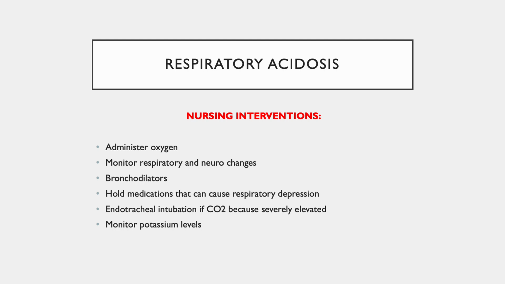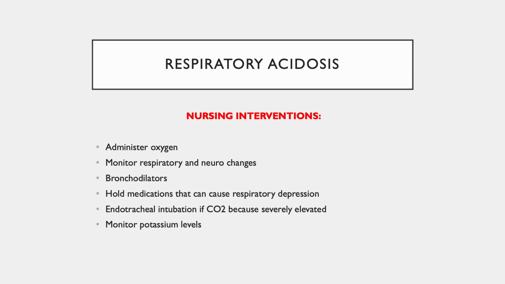So, what are we going to do for this patient experiencing respiratory acidosis? Number one, we're going to treat the cause. If the cause is pneumonia, we want to treat that. If the cause is asthma, we want to treat that. If the cause is that we gave that patient too much fentanyl, we want to treat that. We want to administer oxygen. We want to monitor the respiratory and neuro changes that the patient is having. We want to give bronchodilators to open up the bronchioles, right, to allow improved oxygenation.